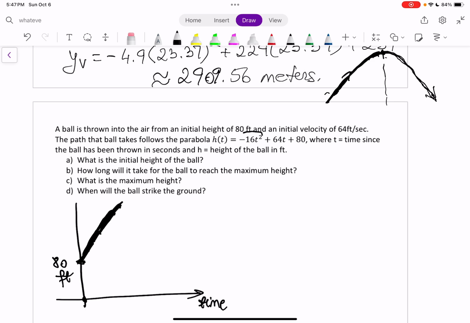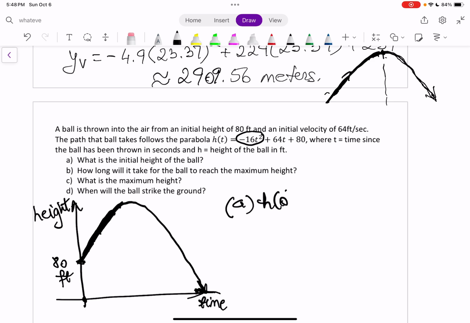And again, as you see, there's a negative a value in there. So in other words, it goes up, and then it's going to come the same way down, and then strike the ground. So we're looking at height versus time. Okay. So one more time, what is the initial height of the ball?